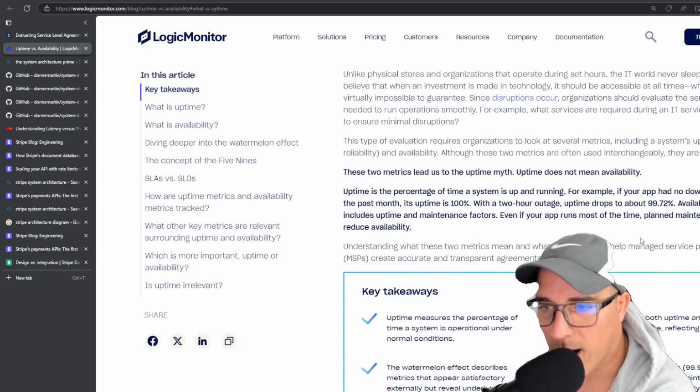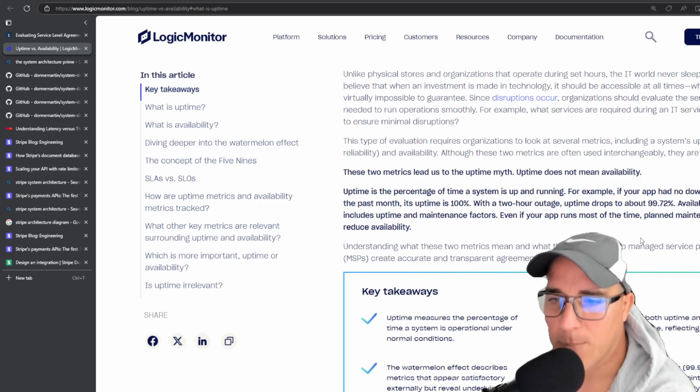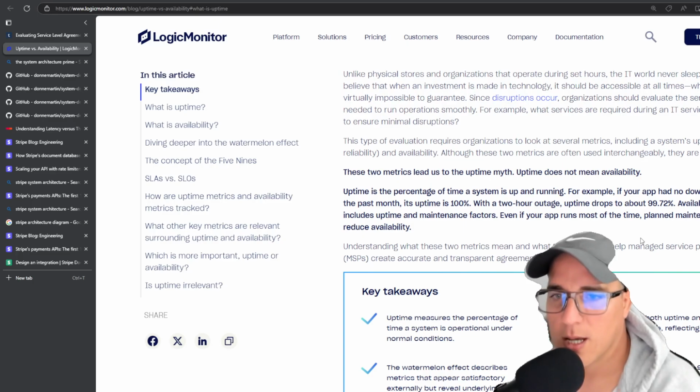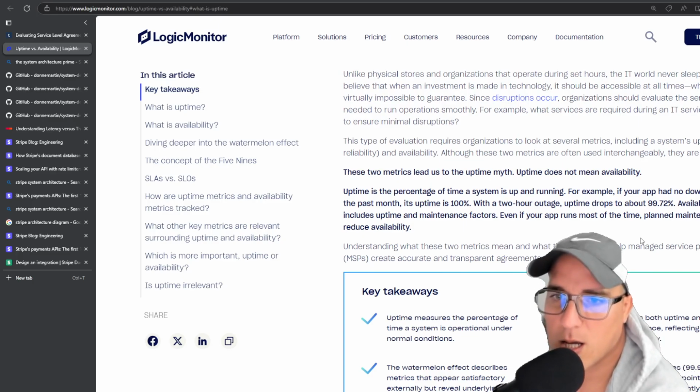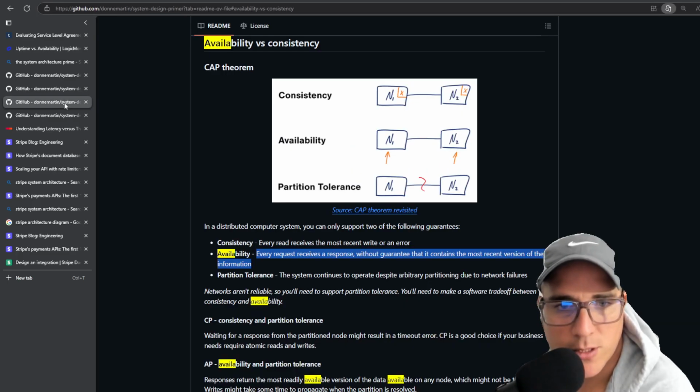Because if you are planning to give, let's put an example, five nines uptime, 99.999% uptime, you need to understand what type of services are able to give you that, and also you need to understand how your services handle the type of requests. Let's go about this specific idea because I think it's very important.